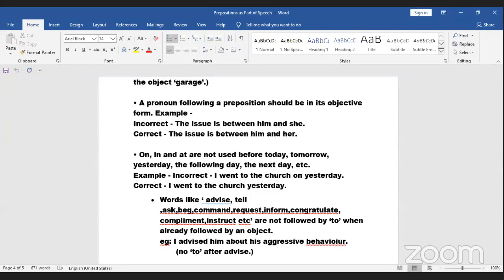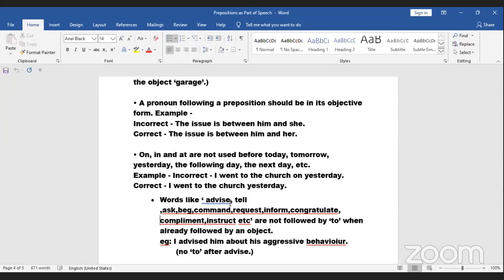With any of these forms, if there is an object after, we do not use to. For example, I advised him. It is never "I advised to him about something." That is wrong. I advised him on this thing. Advise on or advise about. So in "advise him," him is the object.